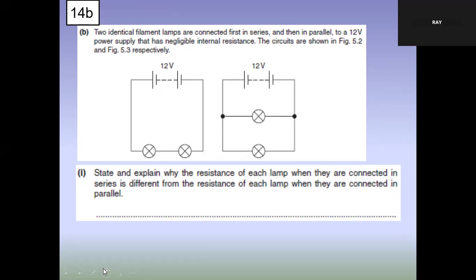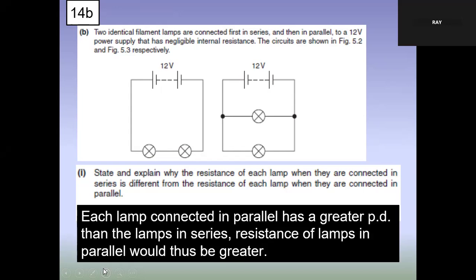Is it like the parallel takes lesser? Each lamp connected in parallel has a greater PD than the lamp in series.